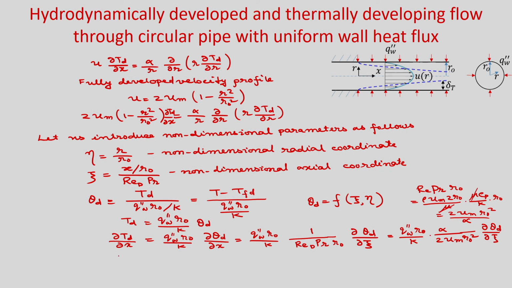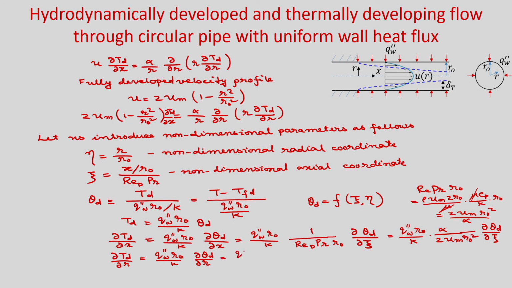Similarly, you can write ∂T_d/∂r equal to q_w'' r_0 by k ∂θ_d/∂r. Now this r we put as r_0 into η.